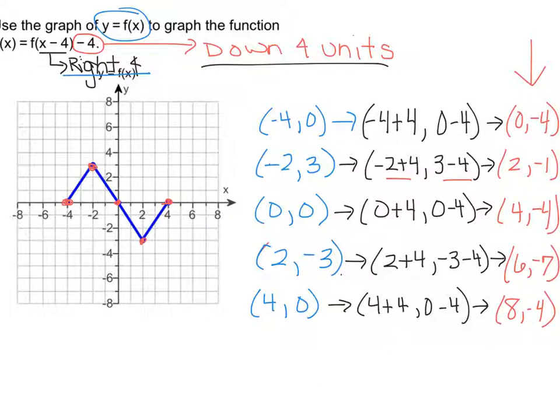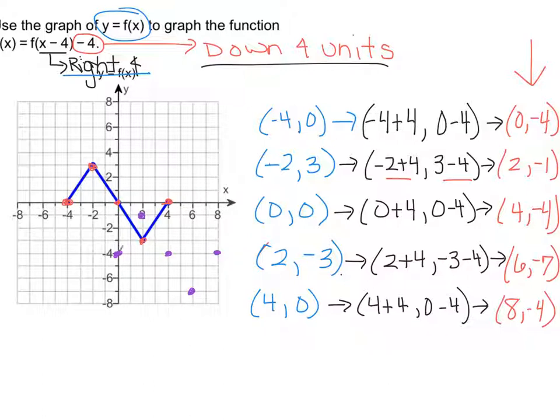Alright, so I'm going to plot this in purple so you can see it a little bit better. So I have 0, negative 4, so that's here, and then 2, negative 1, and then 4, negative 4, 6, negative 7, and 8, negative 4.